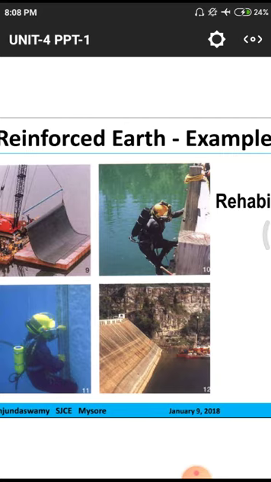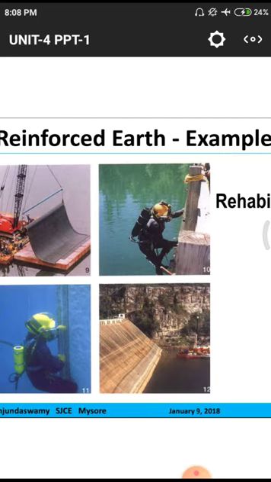First of all, geosynthetics we need to know. Geosynthetic means synthetic. Synthetic means a polymeric material which is formed due to the polymerization of carbon, hydrogen, and other small-scale atoms. Due to those, these synthetics are formed.